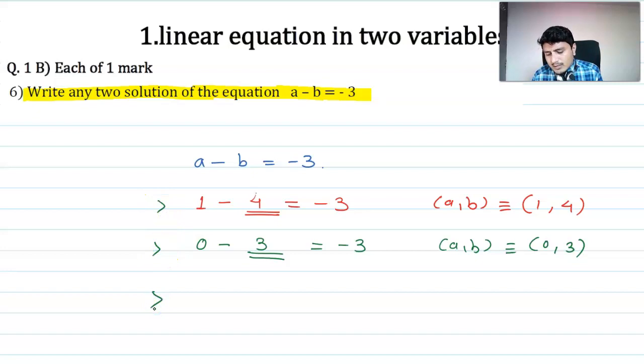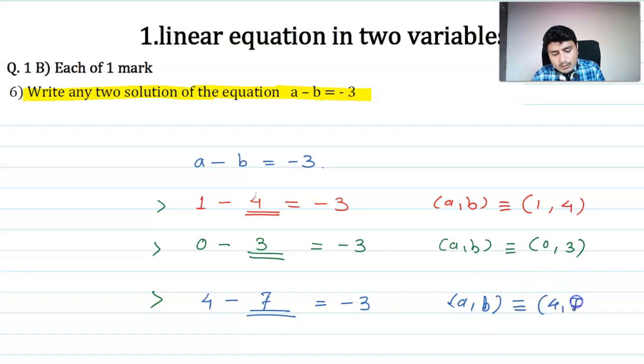You may choose a few other values for practice. Suppose I choose the value of a as 4. So 4 minus something gives us minus 3. Randomly you may take any integer. So 4 minus 7 gives us minus 3. So a is 4 and b is 7, and the solution of the given linear equation in two variables is (4, 7).